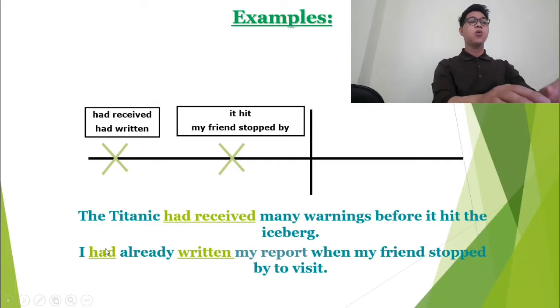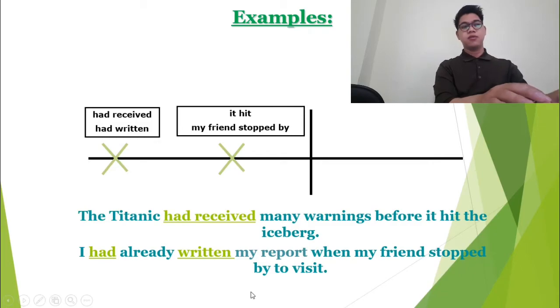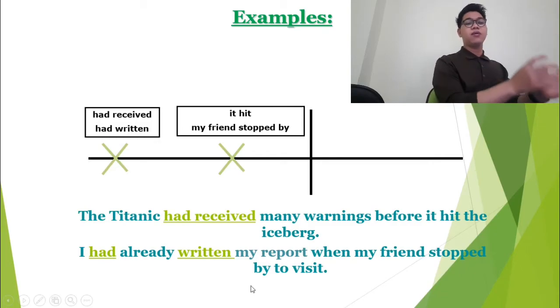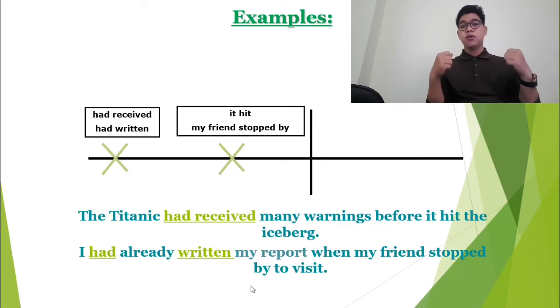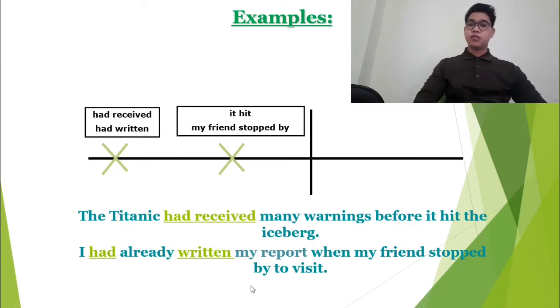And then the second one: I had already written my report when my friend stopped by to visit. I had already written. I was done with my report when my friend stopped by to visit.